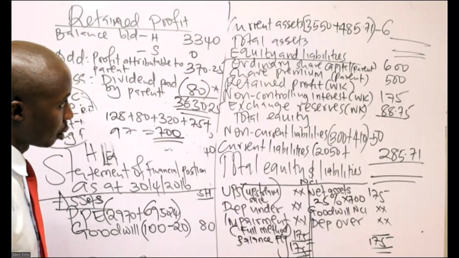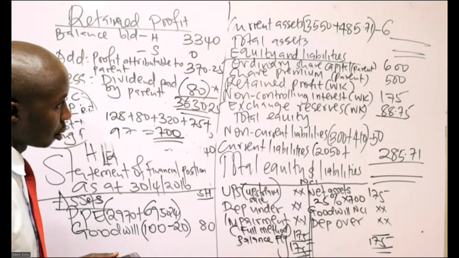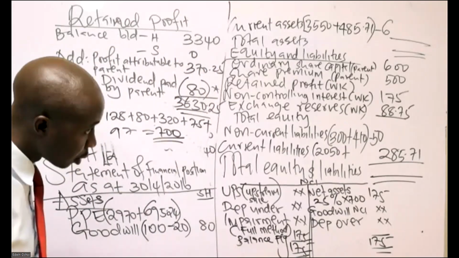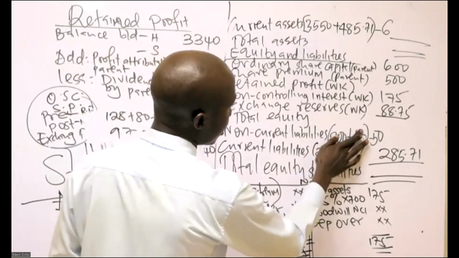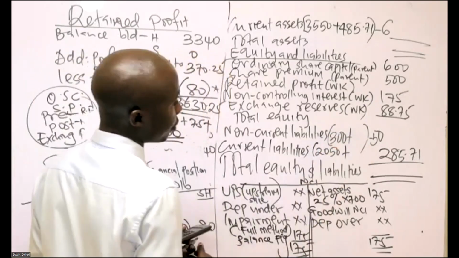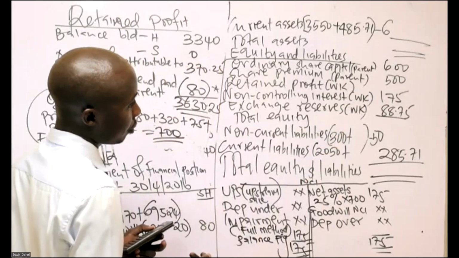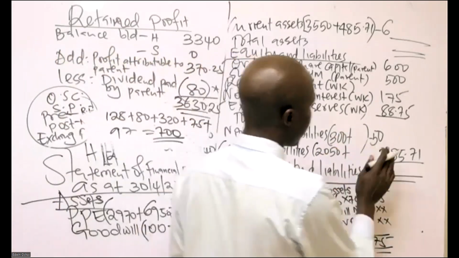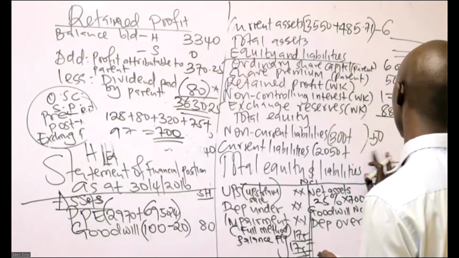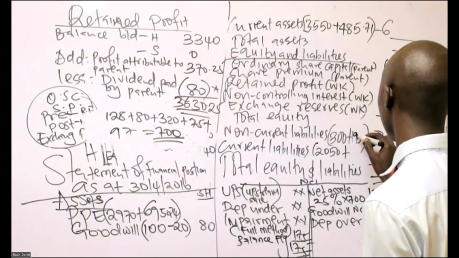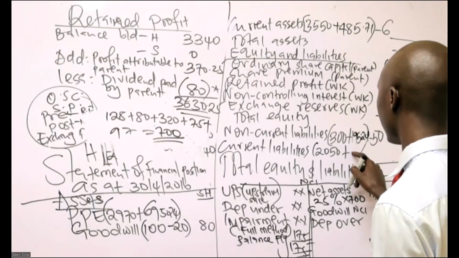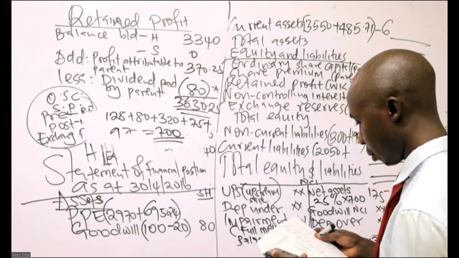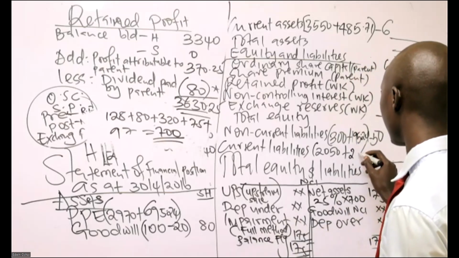The non-current liabilities should be 300 plus the translated amount, 195.24. This one is current liability translated, 285.71.